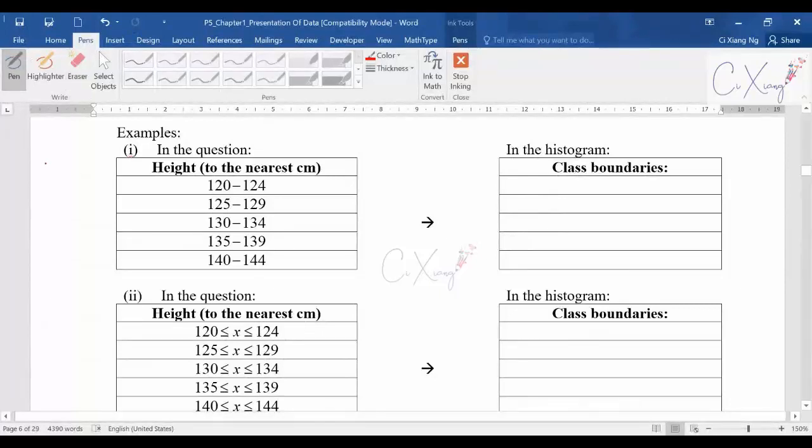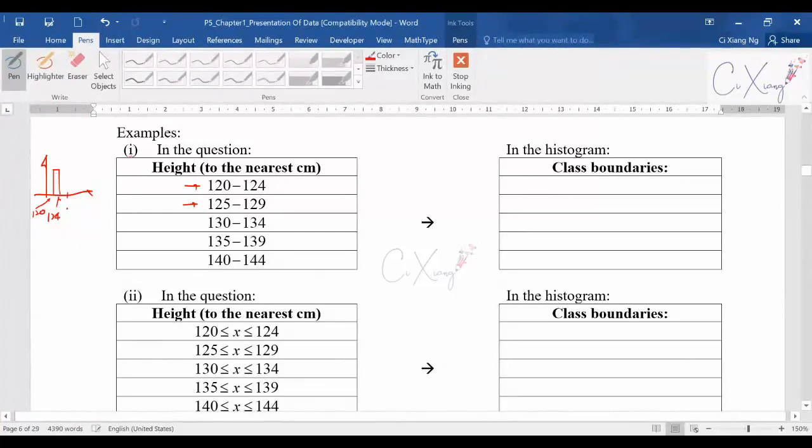Very simple, you just try to imagine. If you draw this one as the first bar, 120 to 124, let's say this value is 124 and the value in front is 120. So what's the next class? The next bar will be 125 to 129. So what is 125?